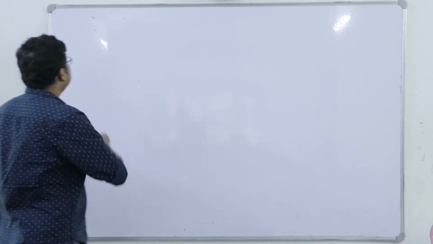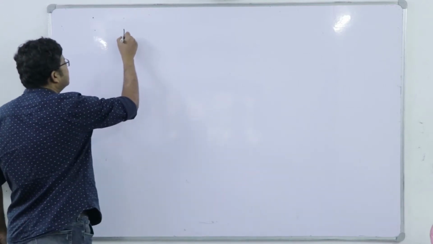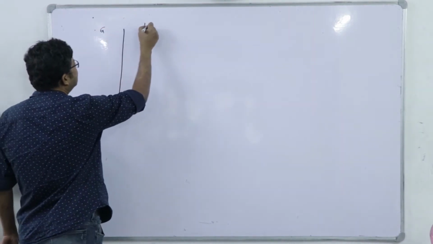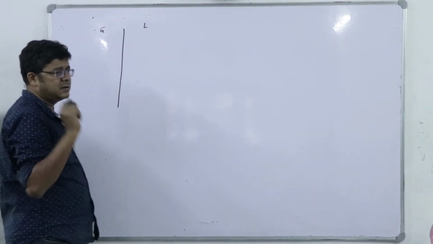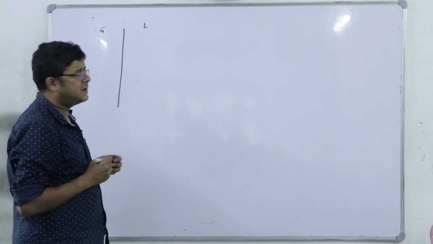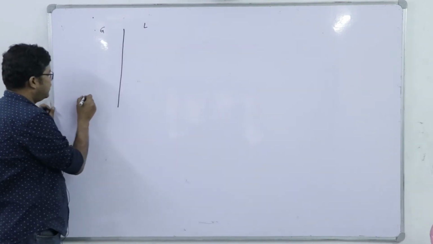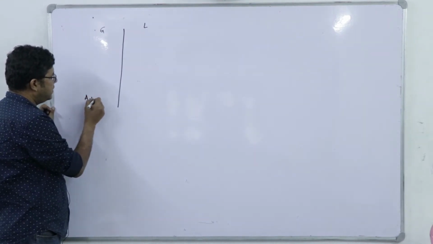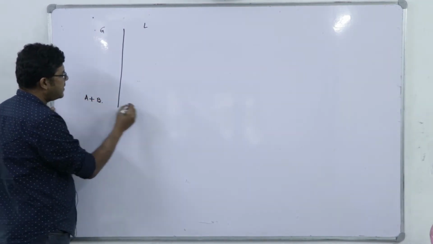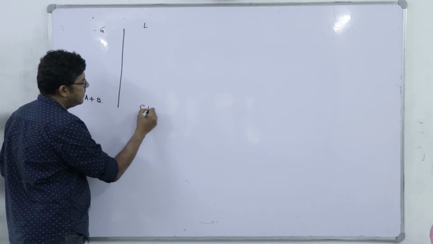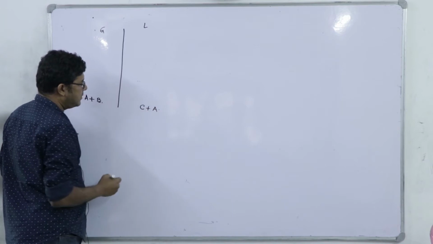So, what are the different steps? You see, if I think of an interface between a gas and a liquid, let us think that in the gas we have two components A and B, and in the liquid it is C and A, right.